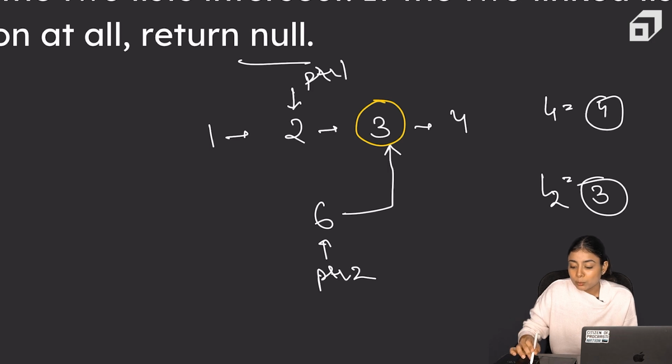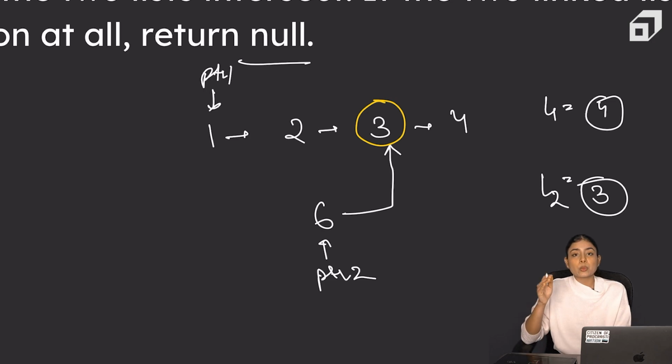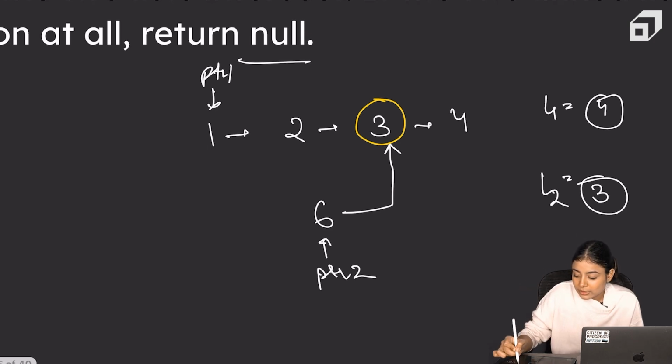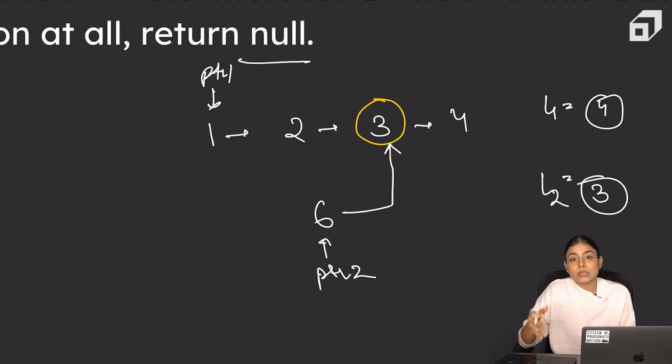So I need to move pointer 1. Okay, let's first have pointer 1 here. I need to move pointer 1 because linked list 1 is longer. Now, how many steps do I need to move pointer 1 so that it is at the distance which is equal to pointer 2 from the end?